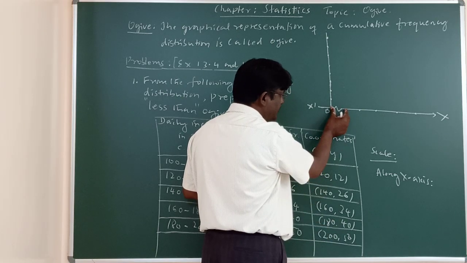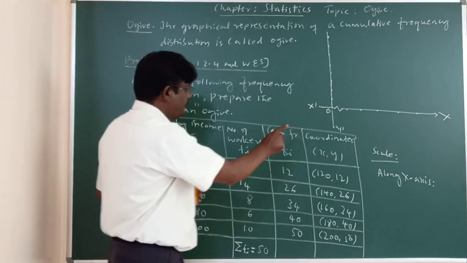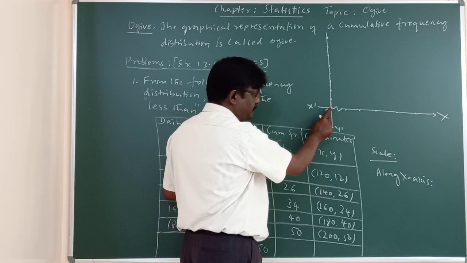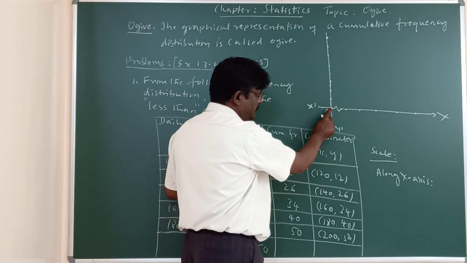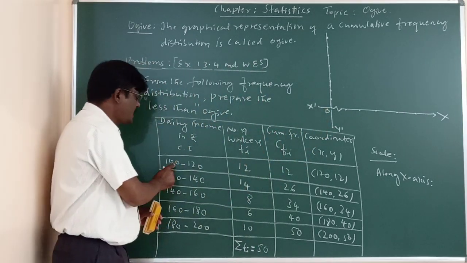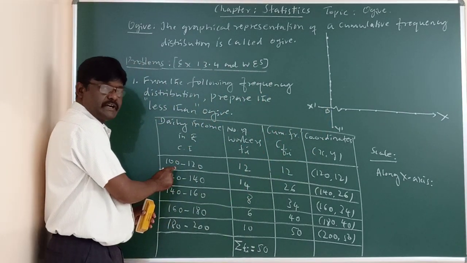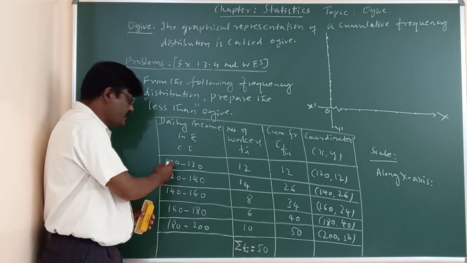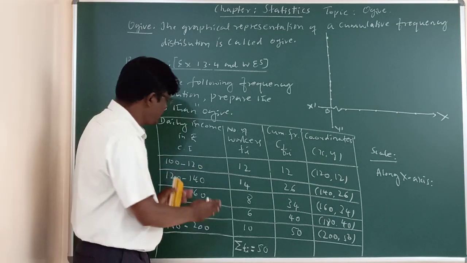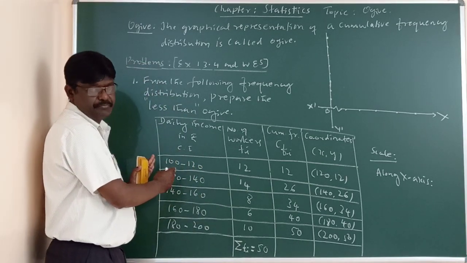But in the beginning, see children, be careful with this. Here, this is 0, whereas the class interval is not starting with 0. It starts from 100. So that's why there is a gap.